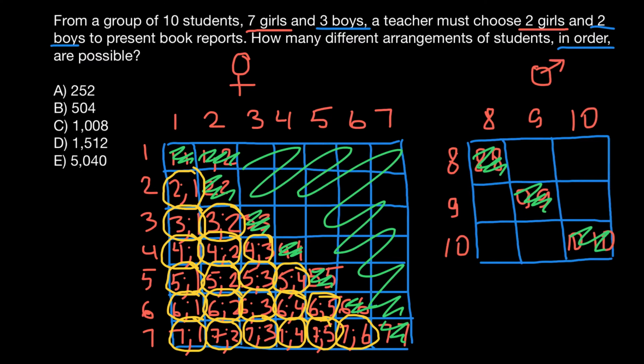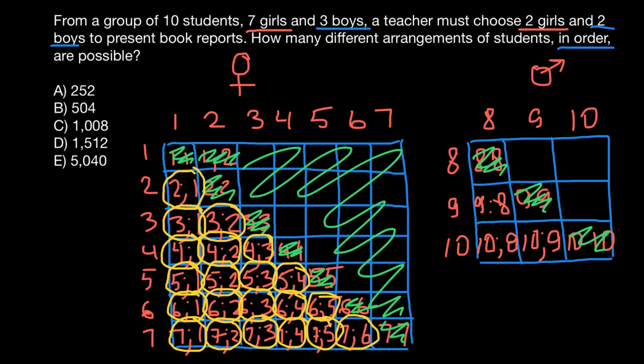For example, if we have John, Boris, and Ivan, we cannot choose 2 Ivans out of these 3 people. We cannot choose 2 Borises or 2 Johns. This is obvious. So the unique combinations would be 9 and 8, 10 and 8, and another unique combination would be 10 and 9.